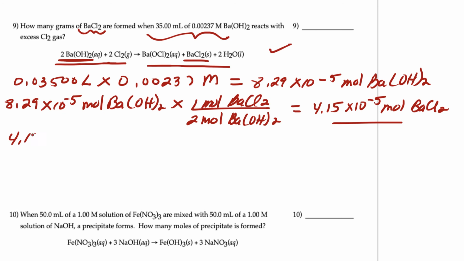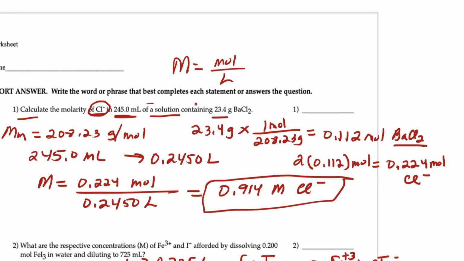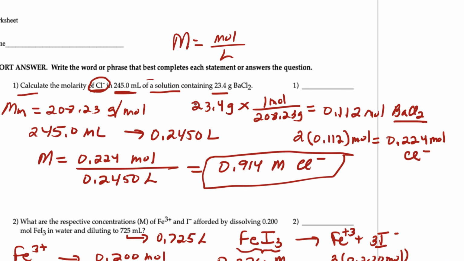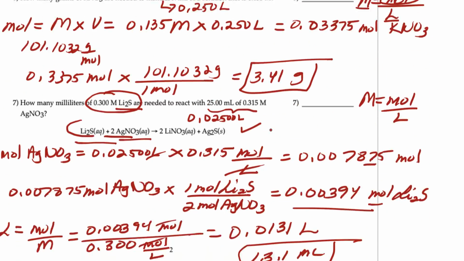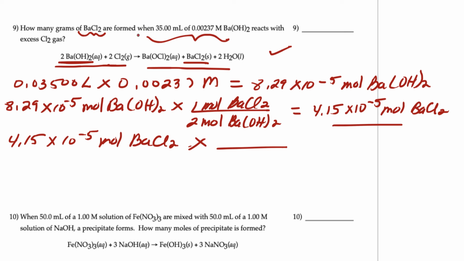So now we just need to convert moles to grams. So we have 4.15 times 10 to the negative 5 moles of barium chloride. And we did the molar mass of barium chloride up here. Barium chloride has a molar mass of 208.23 grams per mole.